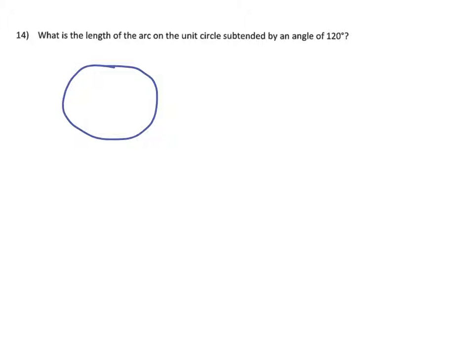And they want to know what is the length of the arc. So we're looking for this, right? We're looking for the length of the arc. So I'm just going to call that S. On the unit circle. Now, the unit circle, okay, what that means is it goes out 1 unit in each direction. Or another way of saying that is that the radius equals 1 unit.